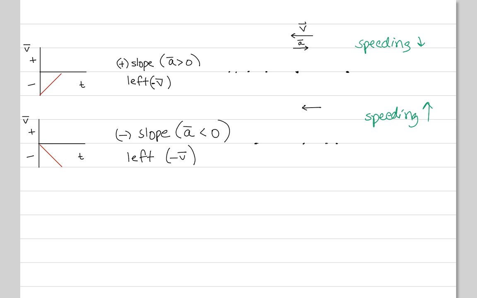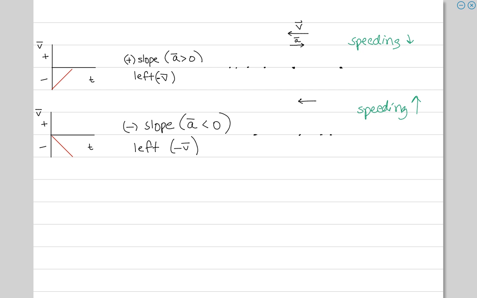Okay, last piece for graphs. So this is VT area. This one, you'll just have 3 graphs. So let's just do one at a time.